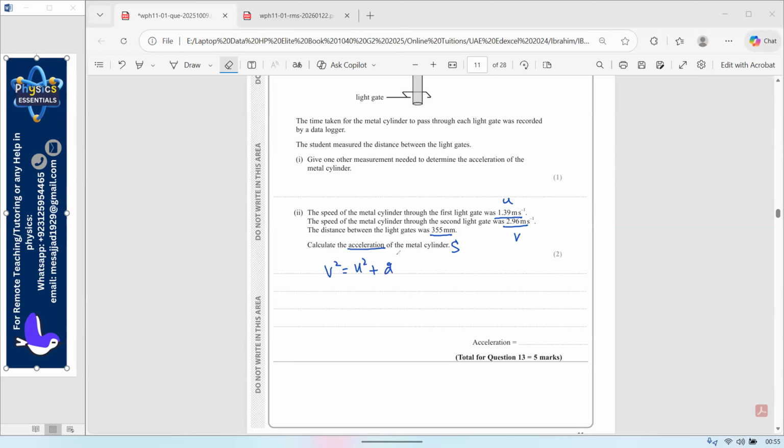Since the body is moving down, gravitational acceleration is positive. 2.96 square equals 1.39 square plus 2 into 9.8 into S. And from here, S is going to be 9.62. Now you can see that our data is in three significant figures, so I am writing the answer in three significant figures as well.